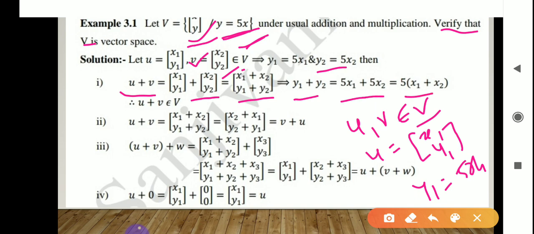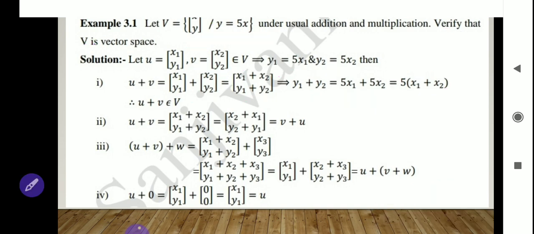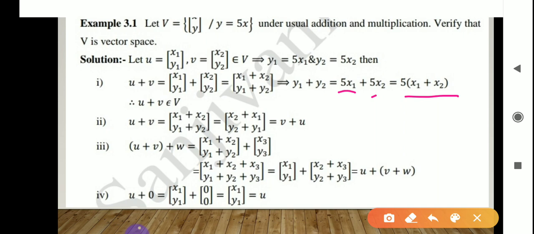Here y1 is equal to 5x1 and y2 is equal to 5x2, so y1 plus y2 is 5x1 plus 5x2, and if we take 5 common, we get 5 into (x1 plus x2).